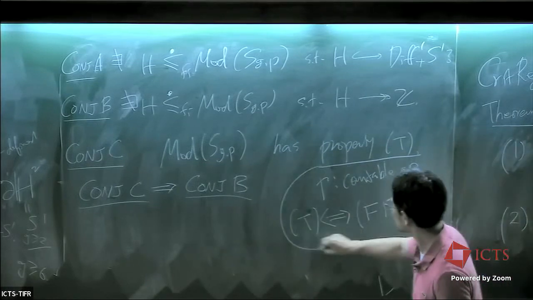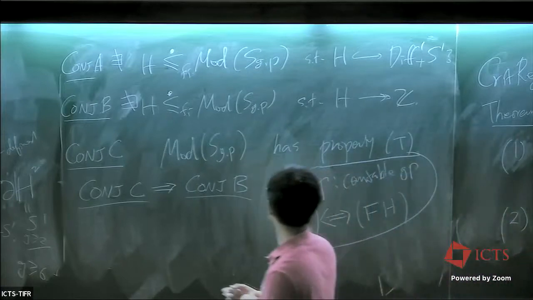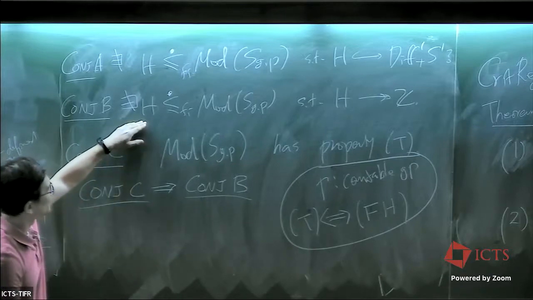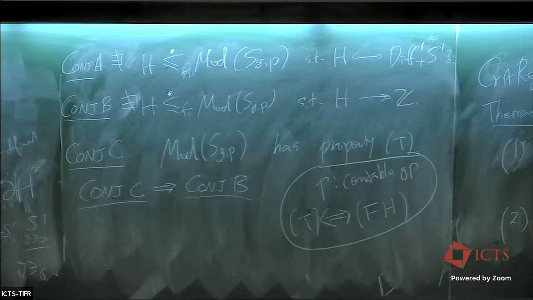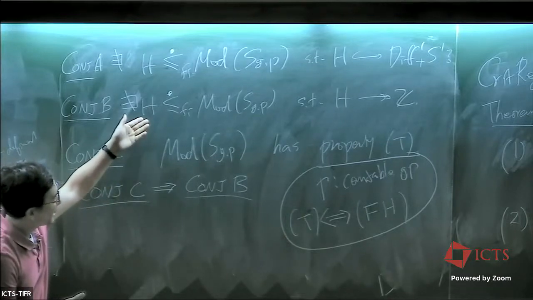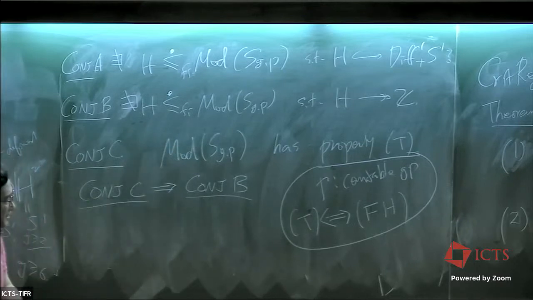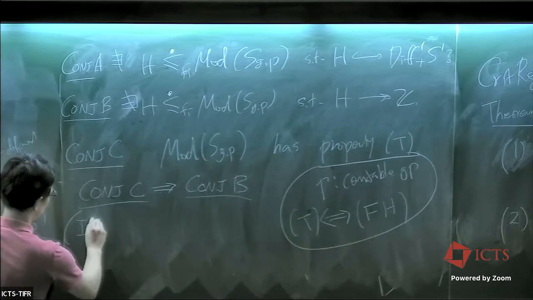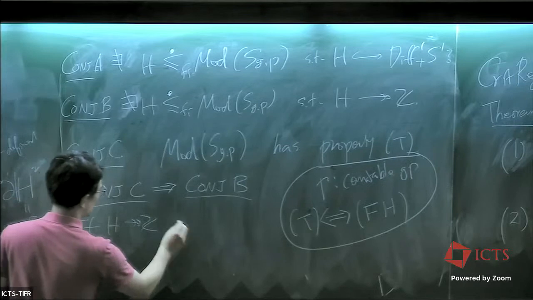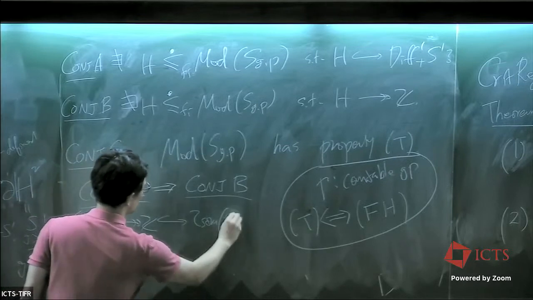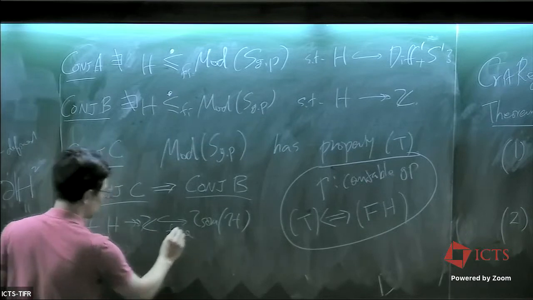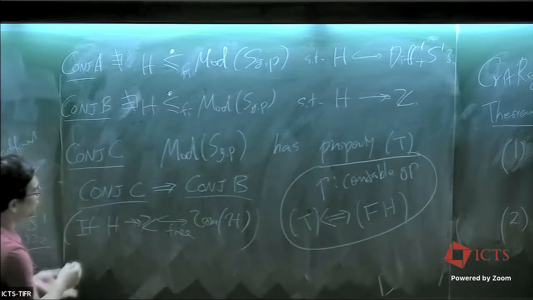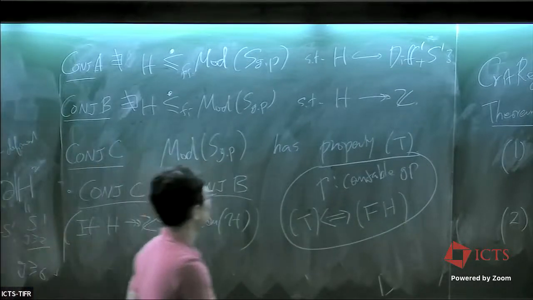And why is this true? Because if it has property T, then property T descends to any finite index subgroup, so H must have property T as well. But if H hypothetically surjects onto Z, then it has a non-trivial action on a Hilbert space without a fixed point, an isometric action of Z, contradicting the property T hypothesis. So C to B is just trivially true and easy to prove.